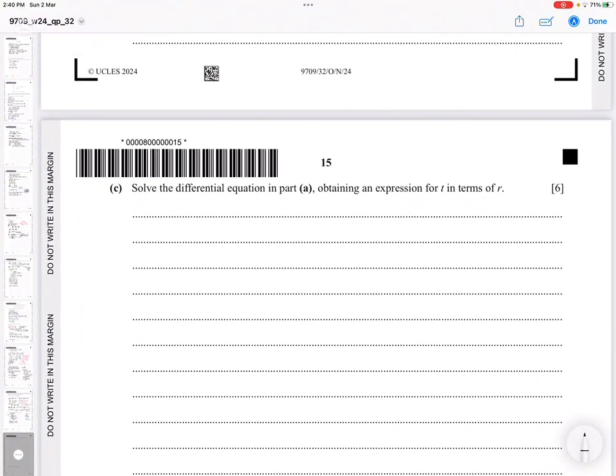Part C. Solve the differential equation in part A, obtaining an expression for t in terms of r. So dr over dt equals 50 minus r over 5r square. So cross multiply to bring the like terms with each other, like 5r square over 50 minus r is equal to dt.